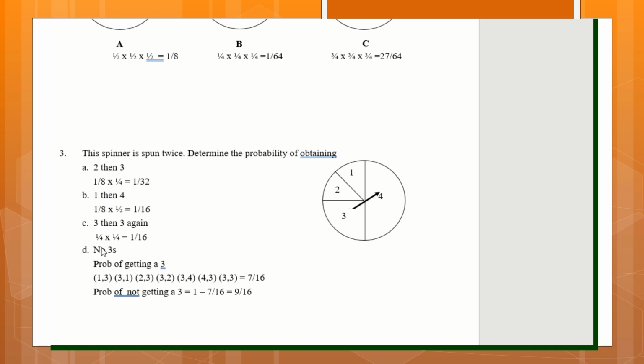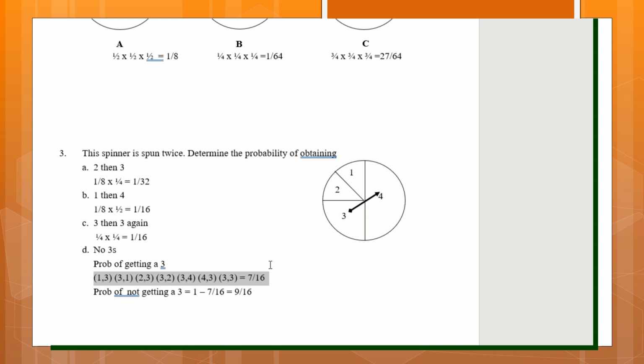What's the probability of getting no 3's? So I find the probability of getting a 3 first. All the ways of getting a 3, I find and add up, I get 7 over 16. That means you find, for example, the probability of getting a 1 then a 3. 1 is 1 over 8, 3 is 1 over 4. You multiply. So you find them 1 by 1: 1 and 3 will be 1 out of 32, 3 and 1 will be 1 out of 32, like that.